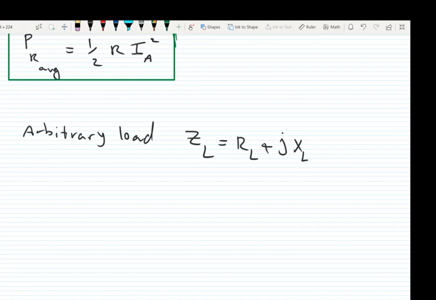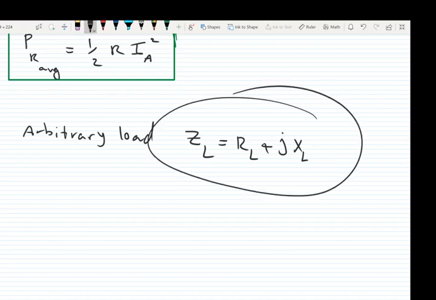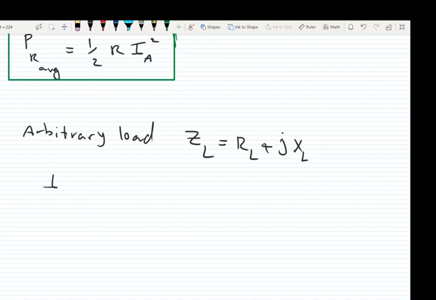In order to find the average power delivered to this load, first we need to find the current through this ZL with the different analysis methods that we learned so far: mesh analysis, Thevenin, node analysis, superposition. We need to find the current going through this load, and then we can simply find the average power.